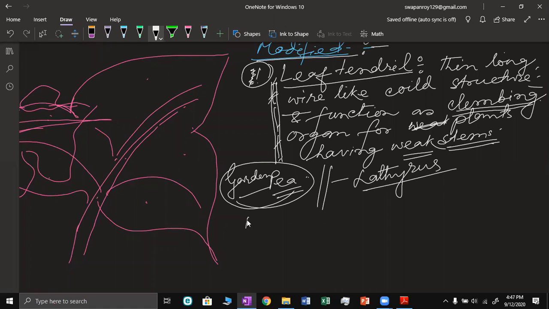Garden pea is Pisum, and Lathyrus is sweet pea.